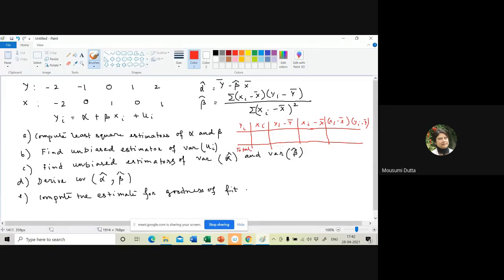You have to find out the total of (yi minus y bar)(xi minus x bar). One more thing: you need to calculate (yi minus y bar) whole square and (xi minus x bar) whole square, so 2 more columns you need in the table.